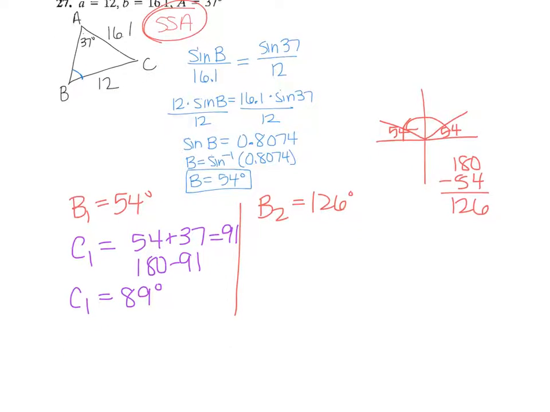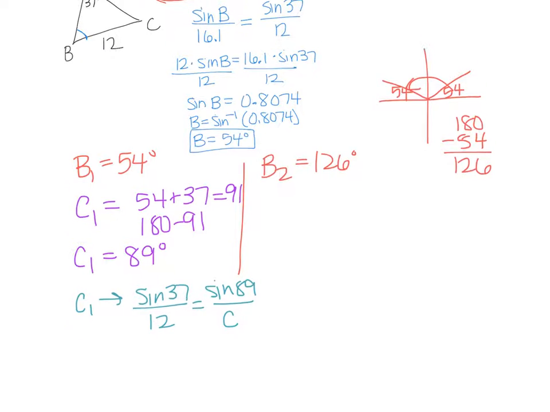And then the last step for that one is to find little c1. To find little c1, we have to set up the law of sines again. We have to do the proportion. So it's going to be sine of 37 over 12 equal to the sine of that new answer, 89 over c. Since I know angle C, I can find little c now. And then we cross multiply and solve.